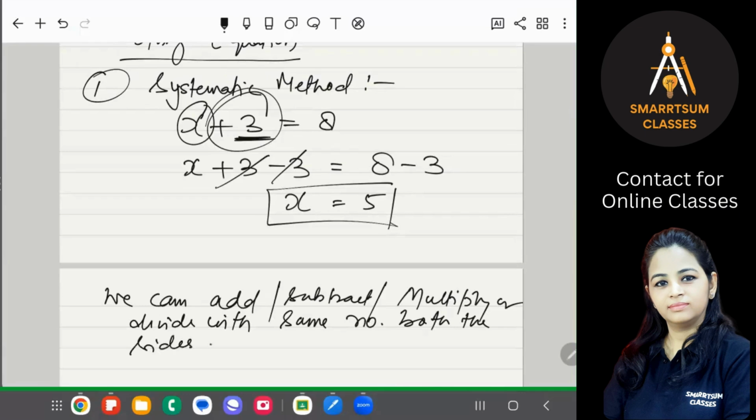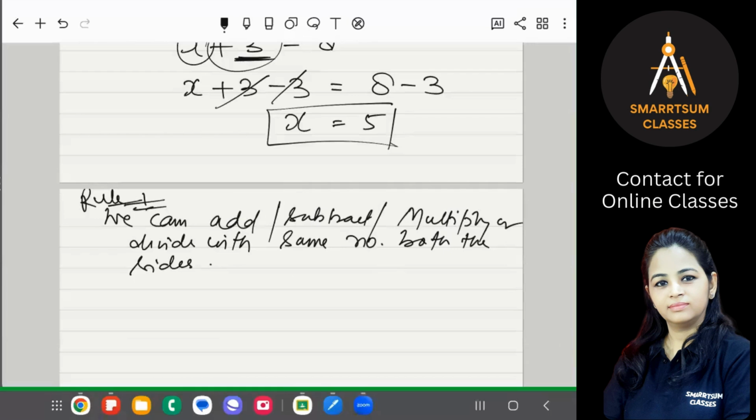This will not change the value of the equation. This is your rule number 1. So here we are following this rule, that we are subtracting 3 on both sides. This is called the systematic method.